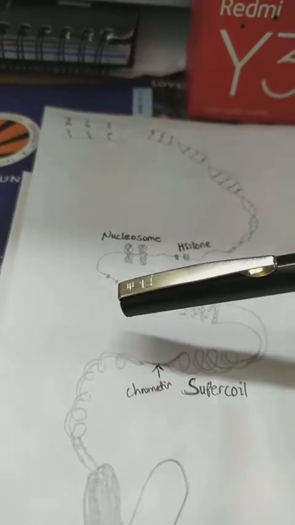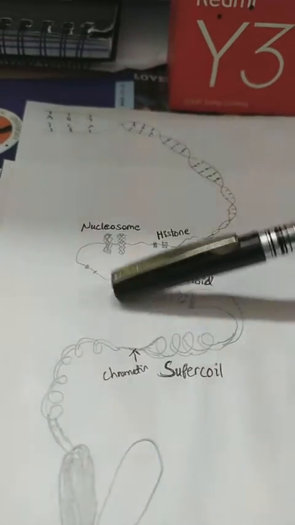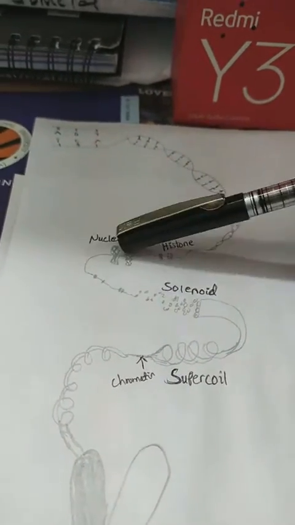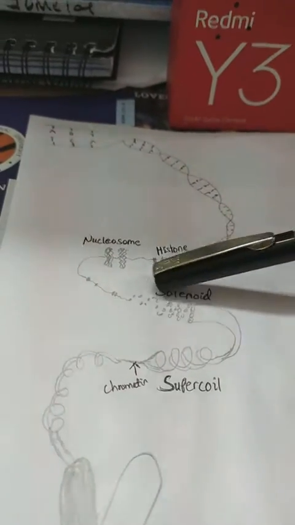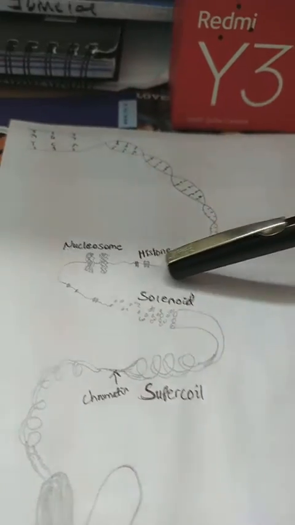As we move out, the structure becomes smaller and smaller until we reach this region, where the nucleosomes are packed together on top of one another in a helical structure known as a solenoid.